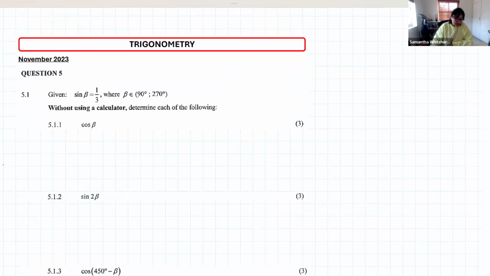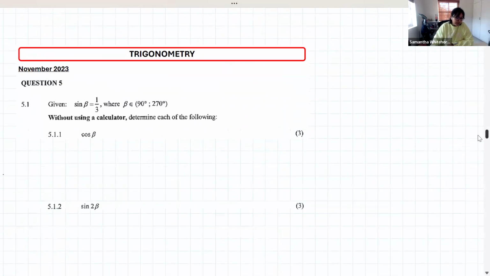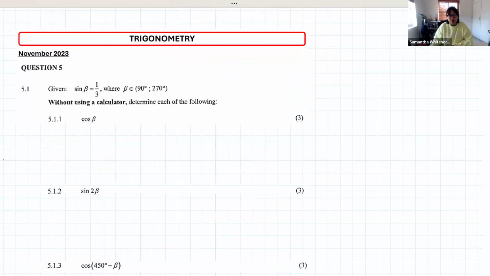Now the trig stuff, guys, remember it's 3 parts to trig, I suppose we could call it. You've got general trig, which is the bulk of those 50 marks. About 30 to 35 of those marks is general trig, so about 70% of the trig questions is just general trig. Can you solve an equation? Can you simplify?